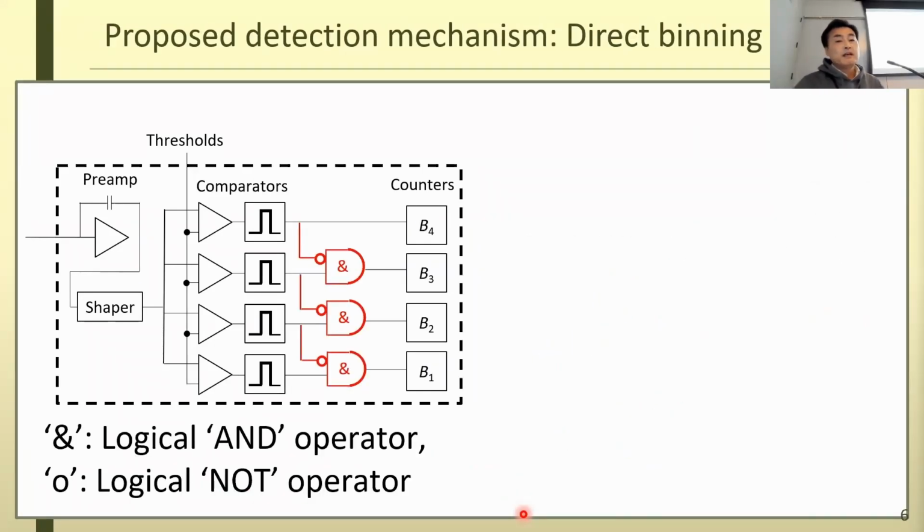So this is the scheme that we're going to propose, the direct binning scheme. Nothing major changed. We are only adding a local operation that observes the output of two adjacent thresholds, and adds the count to the counter only when the upper threshold is not observing the pulse.